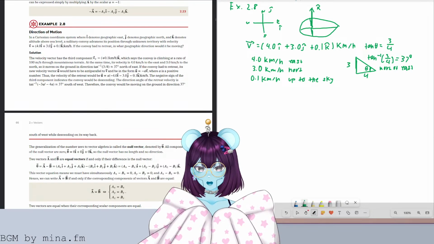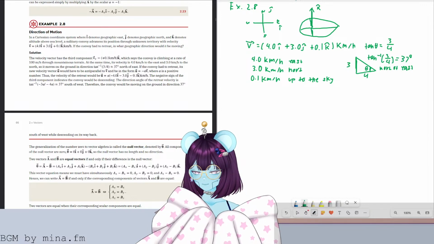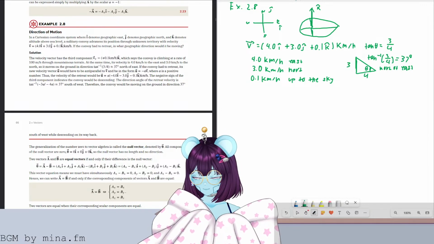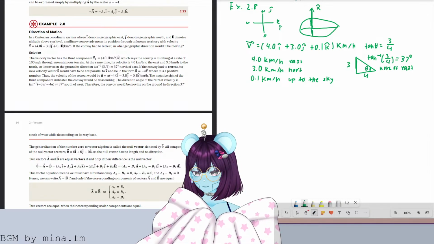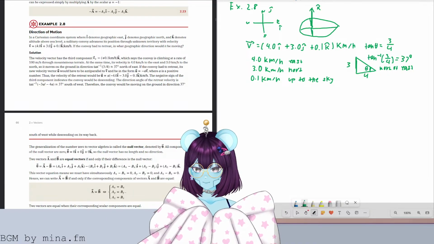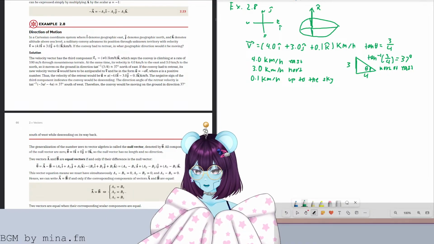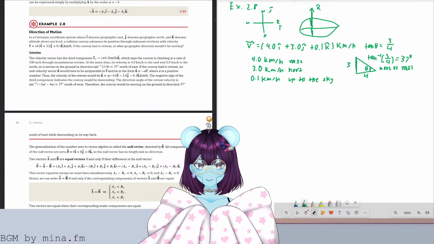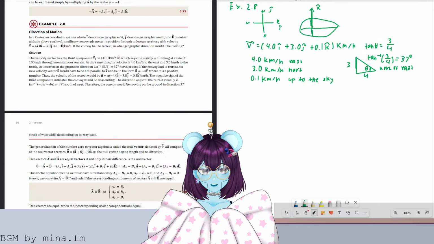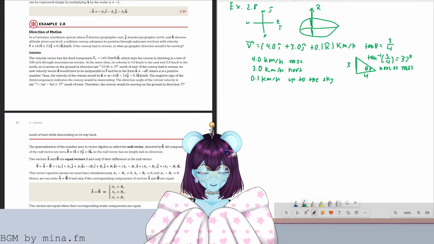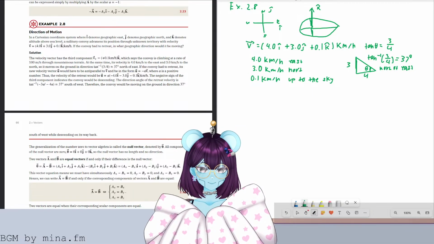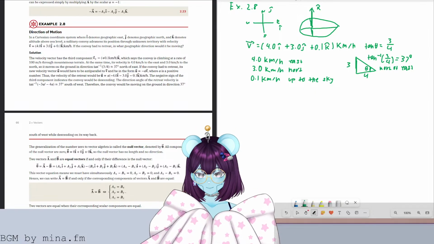If the convoy had to retreat, its new velocity vector u would have to be anti-parallel to this vector. In order for it to be anti-parallel, like what we learned earlier, we just multiply it by a scalar of -1.